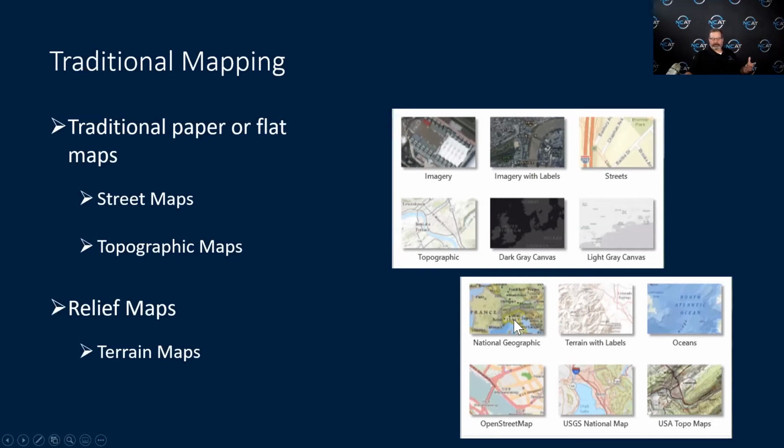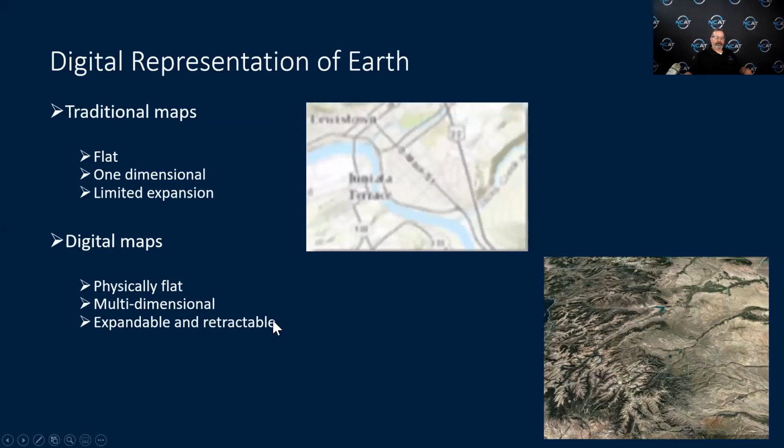And then you have relief maps, obviously. So like your terrain maps here, topographic maps with relief. And all these samples are taken off of ArcGIS. These are different types of base maps you can put on. So depending on what your subject matter is, you can pick a base map that better fits what you're looking for. Traditional maps, again, flat, one-dimensional, limited expansion. Digital maps, physically flat, so your screen is flat, but a multi-dimensional image, expandable over track.